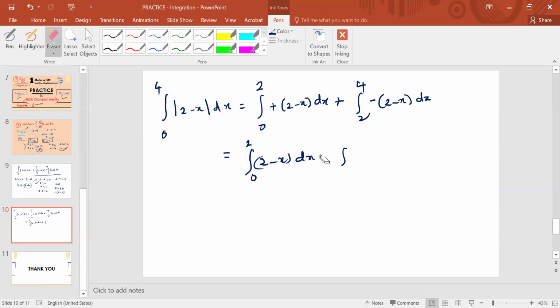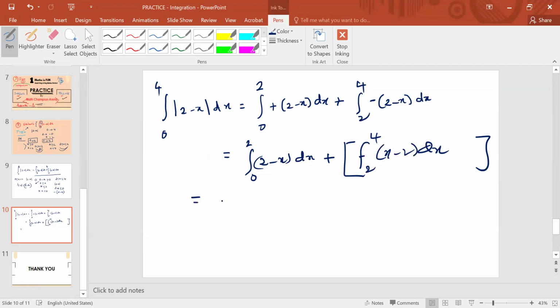Or let us not do it like that, because it makes us a little worried. We only need to take the plus sign here, so we separately integrate this part: integral 2 to 4 of x minus 2 dx.